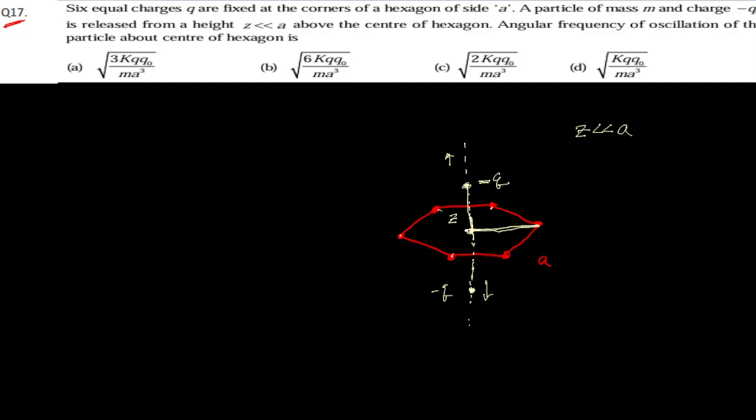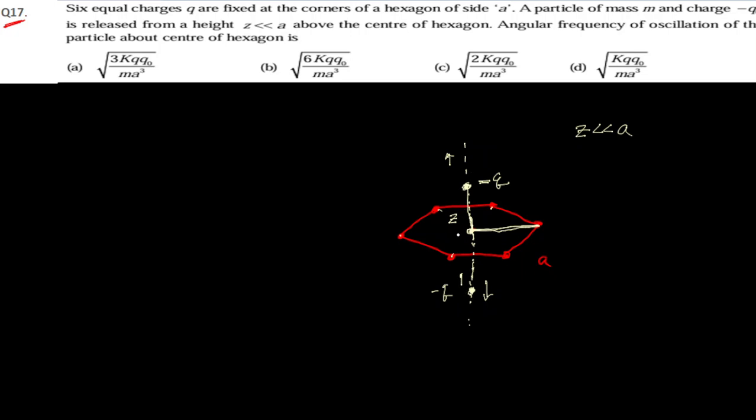Because of this upward force, the velocity of the particle will now decrease, and at the same distance from which we released it above the loop, when it travels the same distance below the loop, its kinetic energy will again be 0. The moment its kinetic energy is 0, it will be at rest. But at that time there will be a force in the upward direction, and because of that the particle will start moving upward.